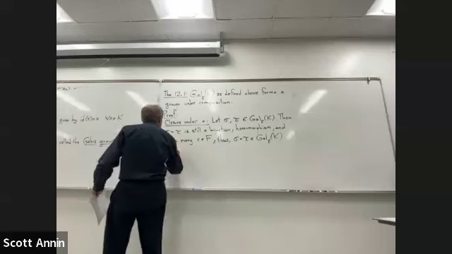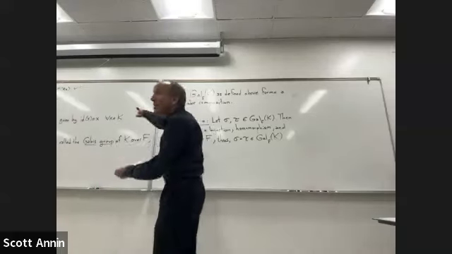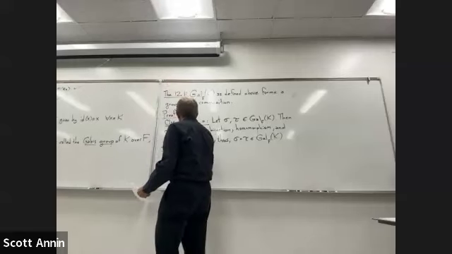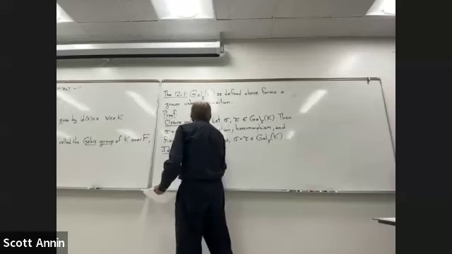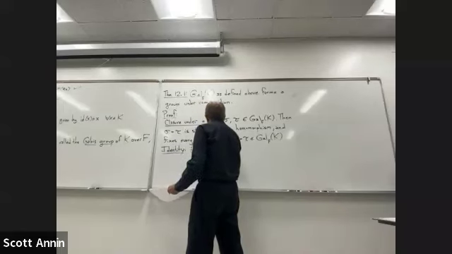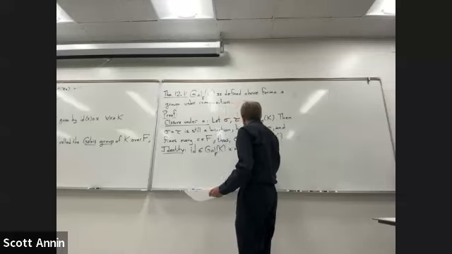We talked about that already. That is just going to be this ID example that we already put up here. So the ID right here, which is in Gal(K/F), is an identity element.